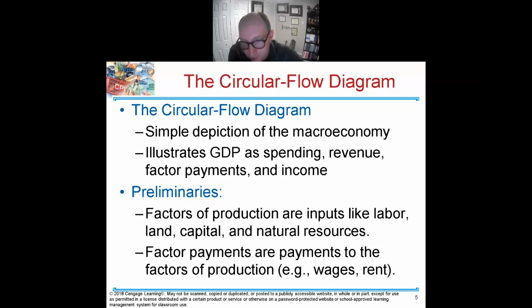Economists like using the circular flow diagram to show us what the spending and the revenue look like visually for gross domestic product. So the income and the expenses.